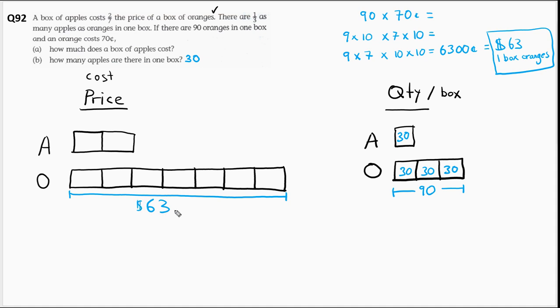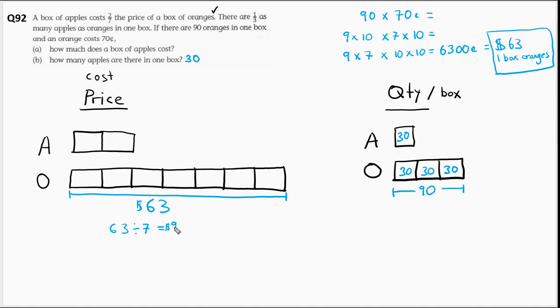So if this is $63 and these are all equal parts, which they are, I can divide 63 by 1, 2, 3, 4, 5, 6, 7 parts to get a value for each of these parts. 63 divided by 7 is going to give us 9.